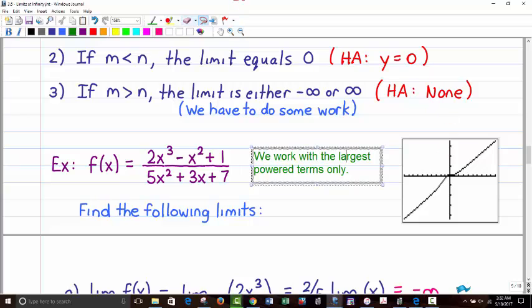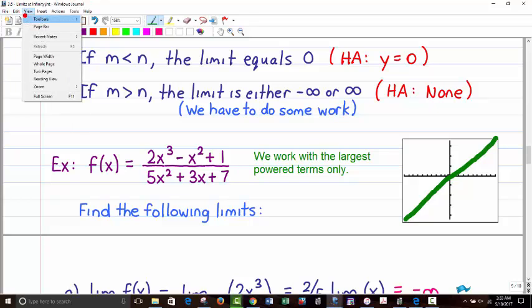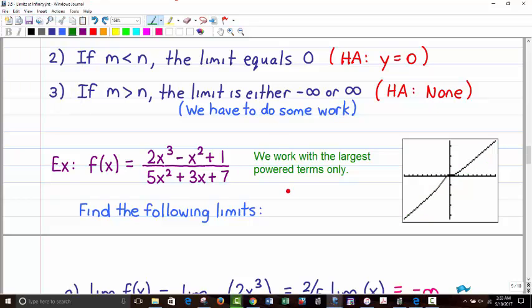So you have a slant asymptote coming along, something like that. But we don't have the automatic, easy answers, like the first 2 rules. It's easy to see there's no horizontal asymptote over here, but to decide between negative infinity or positive infinity, we have to do a little work.